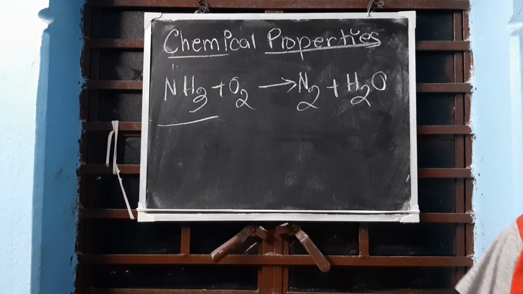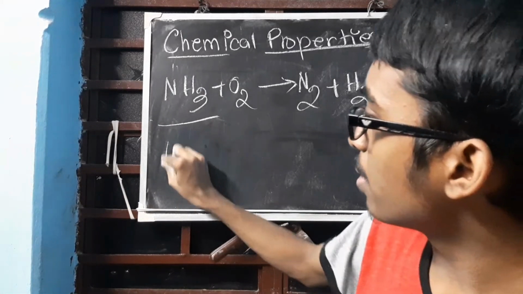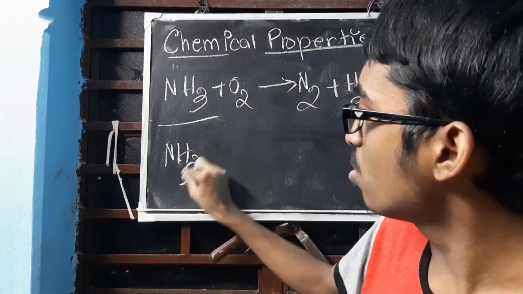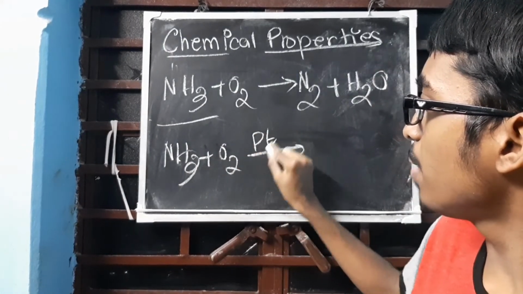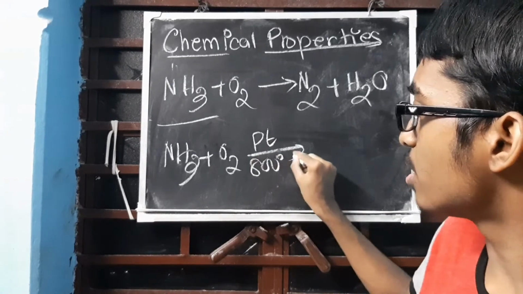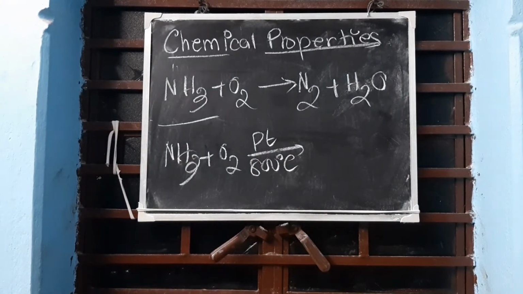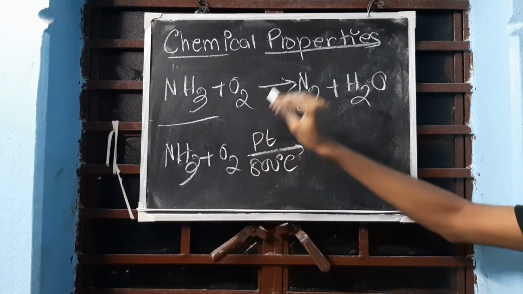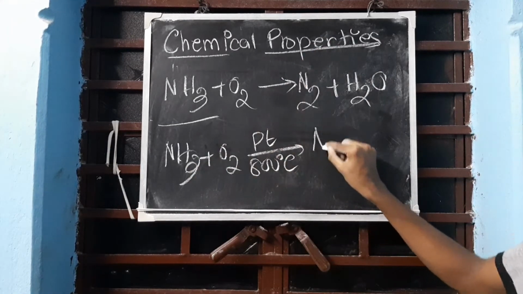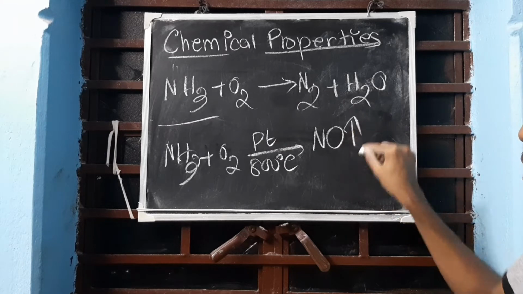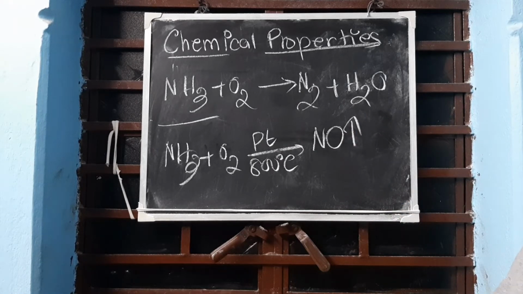Now see, one change will happen. Whenever there is a catalyst present, it will boost up the reaction. Who is the catalyst over here? Platinum. Temperature goes to 800 degrees Celsius. Clear? Result will be NO, not nitrous oxide, but nitrogen monoxide, plus heat.